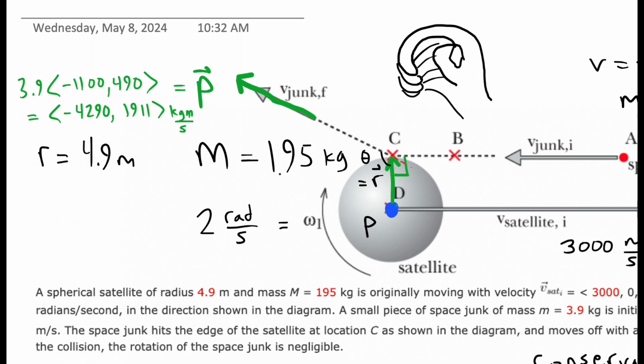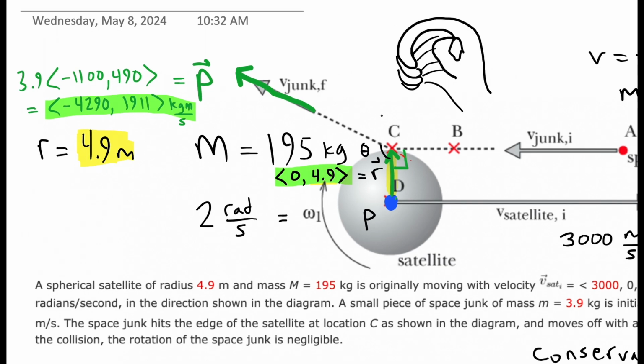As a component form, it's going to be 0, 4.9. That's because the distance is 4.9, but it's oriented vertically, which means we make that 4.9 the y component. The x component is 0 because it's not pointed in the positive or negative x direction at all. We can now take these two vectors and do a cross product on them to find the final angular momentum of the junk.